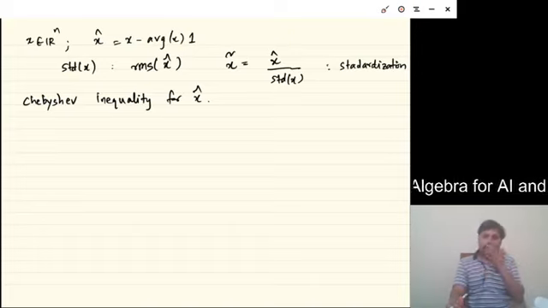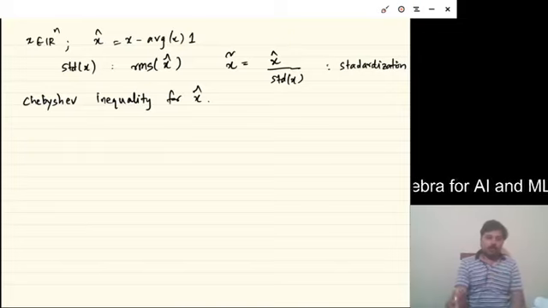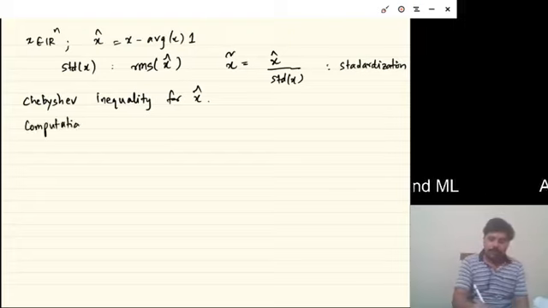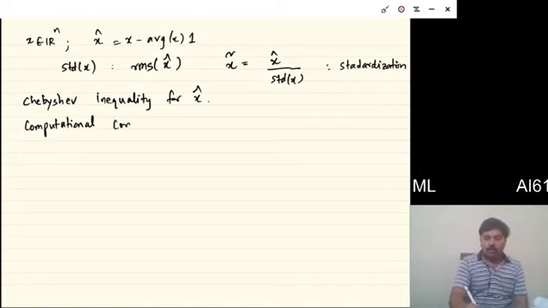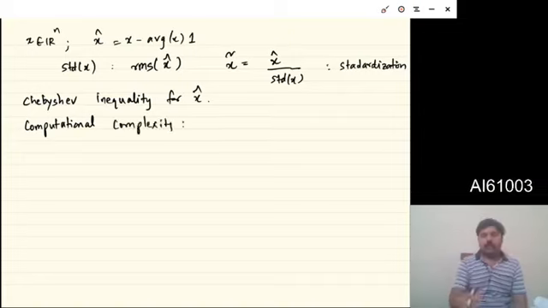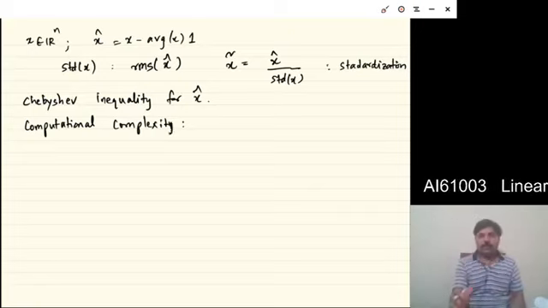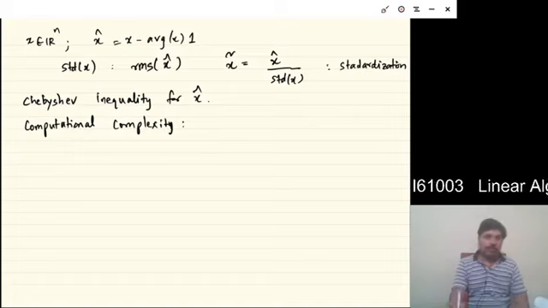So we derived that formula for those three things and related them together. We talked of computational complexity, and we evaluated the computational complexity for each of these operations that we looked at in today's class.